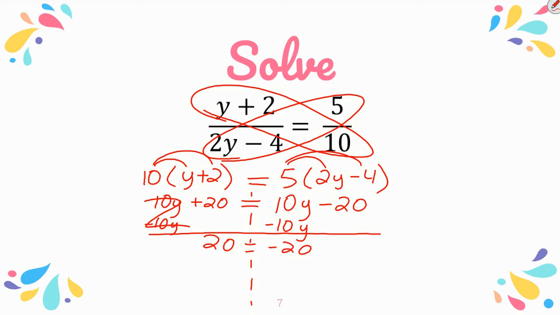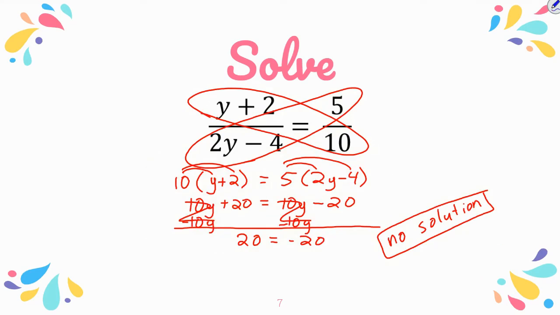I think I remember something from yesterday's lesson that told me that if my variables go away, I'm either going to have all real numbers or no solution. So let's take a look at this. This says 20 equals negative 20. Well, that's never going to happen, so our answer is no solution. All right, so our answer is no solution.